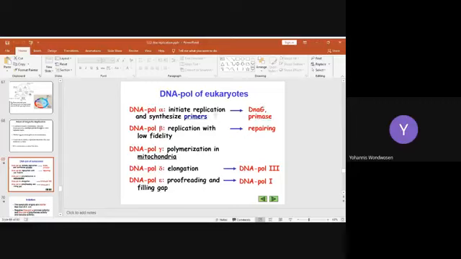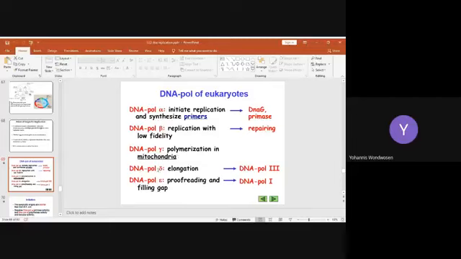DNA polymerase beta can undergo replication with low fidelity, and it has repairing capacity. DNA polymerase gamma, that we have seen before, undergoes polymerization in the mitochondria, since the mitochondrial DNA has a circular structure, as we said.